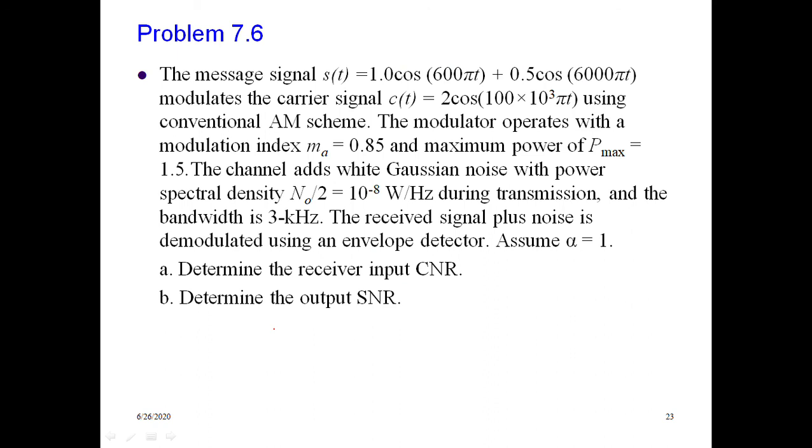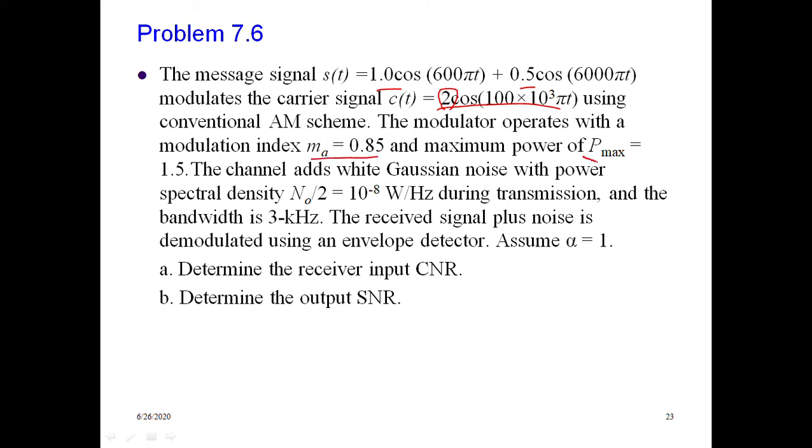Another problem: again, we have two signals, with amplitude 1 and 0.5. This is the carrier. Now we have AC equivalent to 2 using conventional AM, and we have the modulation index.